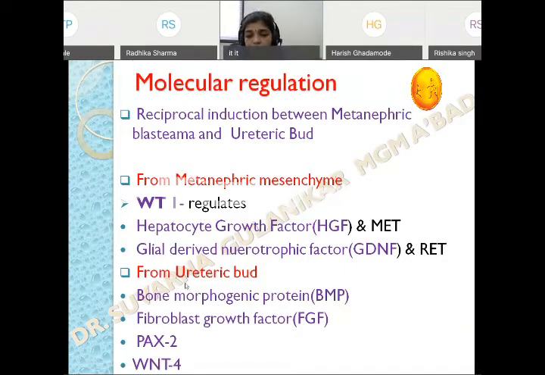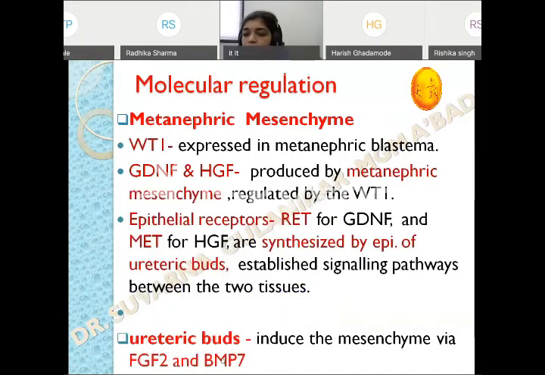And from the ureteric bud, the two expressions are BMP, that is bone morphogenetic protein, and FGF, fibroblast growth factor. And PAX2 and WNT4. We'll see in detail how this molecular regulation occurs.